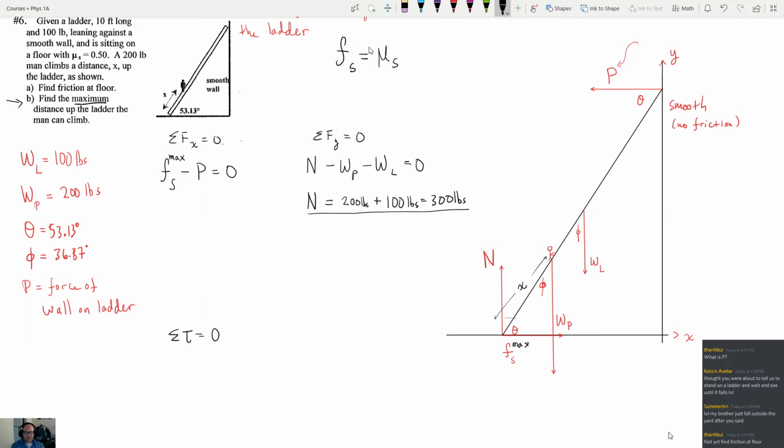Was that it was less than or equal to mu s multiplied by the normal force, but that the maximum value, F s max, occurs when this is equal to mu s times N. So I think we can use this and the normal force to now find what the value of the friction is. Does that seem reasonable to everyone?